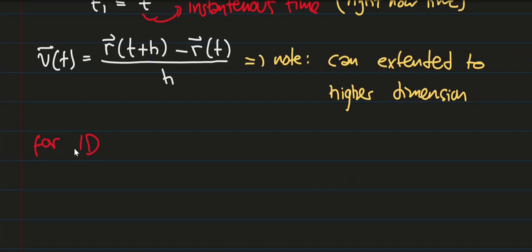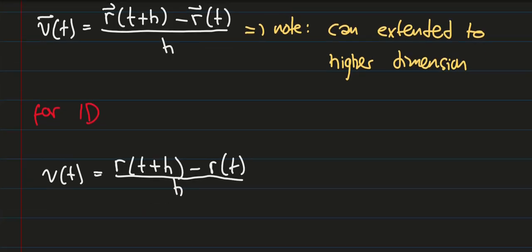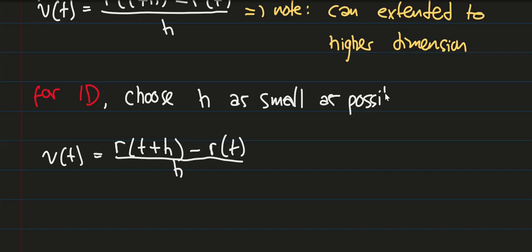For now, I will just take it easy with 1D, where velocity is just a scalar, or just a number. We get that velocity by the velocity definition as before. And next, I will choose h as small as possible.